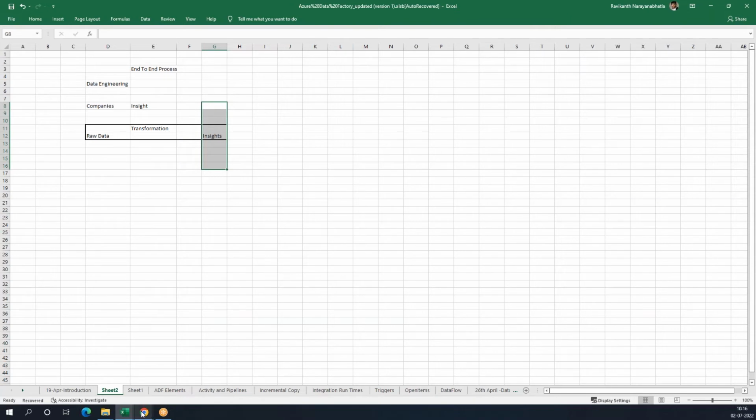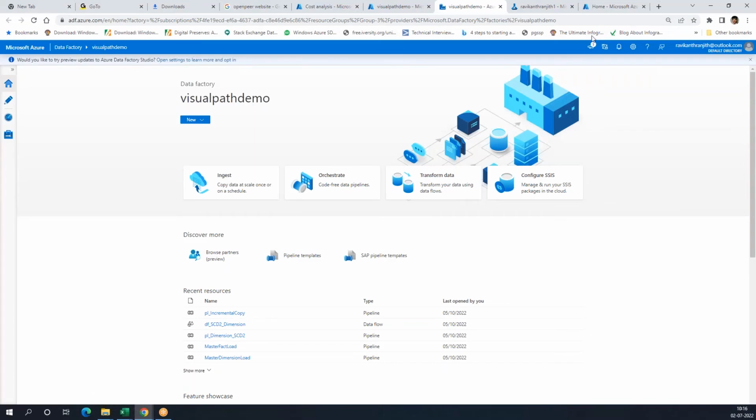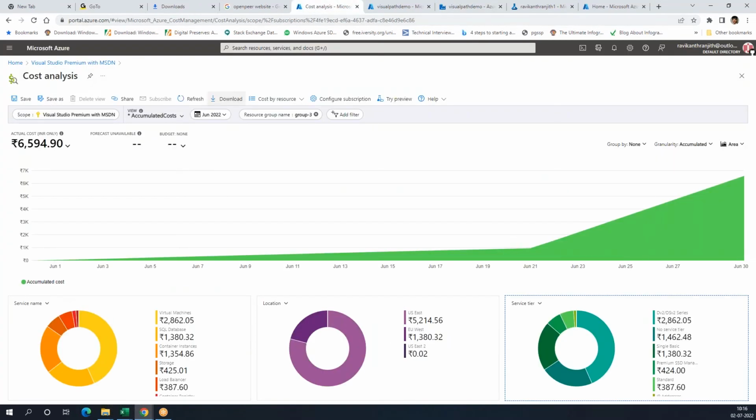Just to give you a small example, I'm showing you one portal in Microsoft Azure, which is beautifully giving insights on what has happened regarding my subscription cost. If you can see the different allocations here, this is an insight.